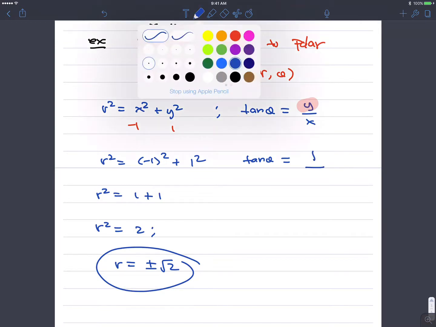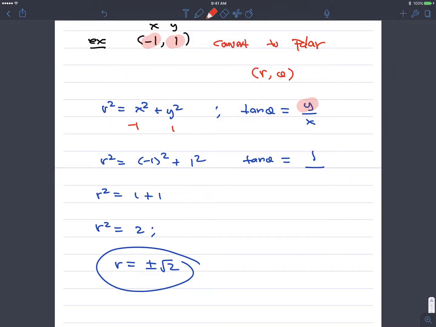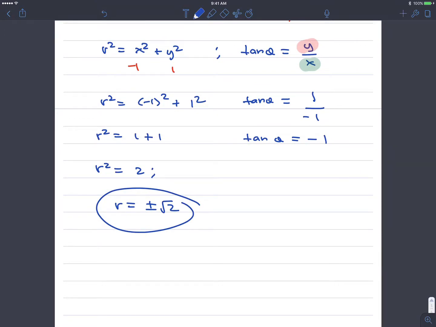We also need an x value. What's the value for x? -1. There we go. Tangent theta is -1. If tangent theta is -1, what's theta in my restricted domain from 0 to 2 pi? What's theta?